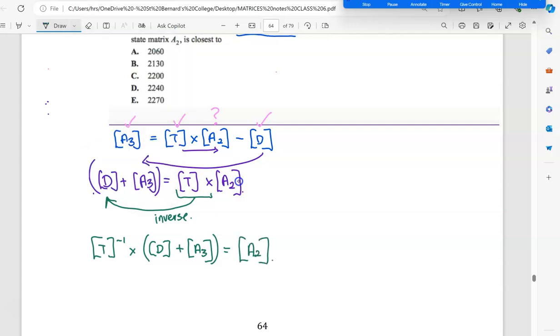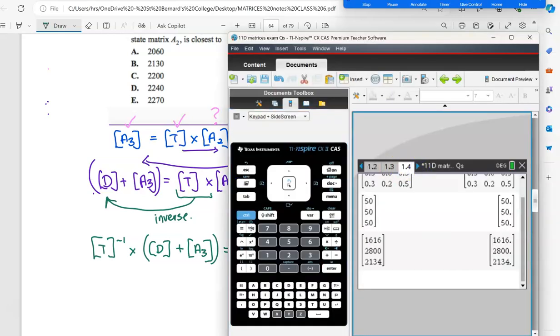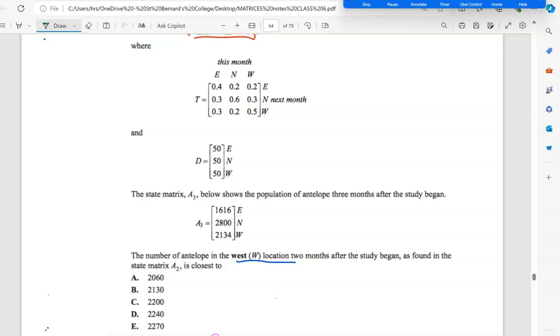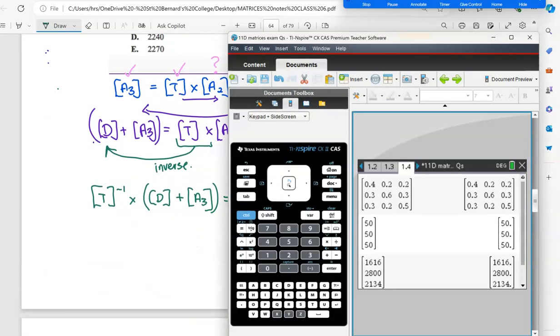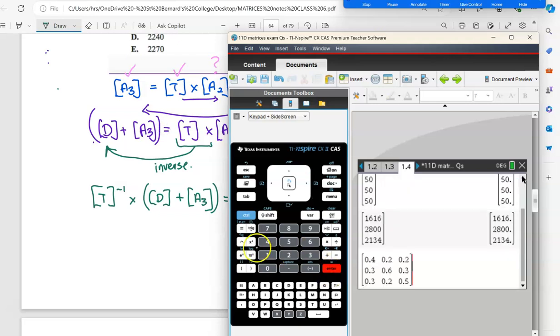So if I go to the calculator and I just find that, I'm just going to double check that this is the right matrix. Yep. Okay, so we want to do the transition to the power of -1.